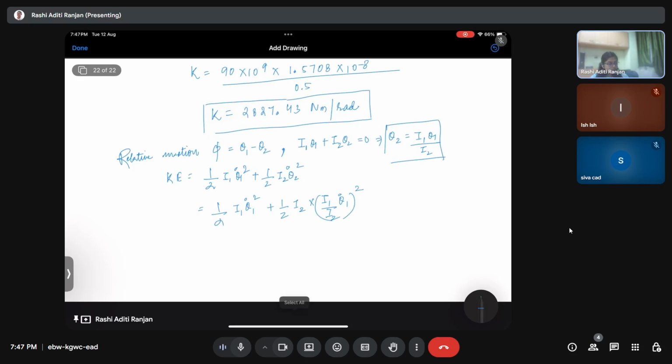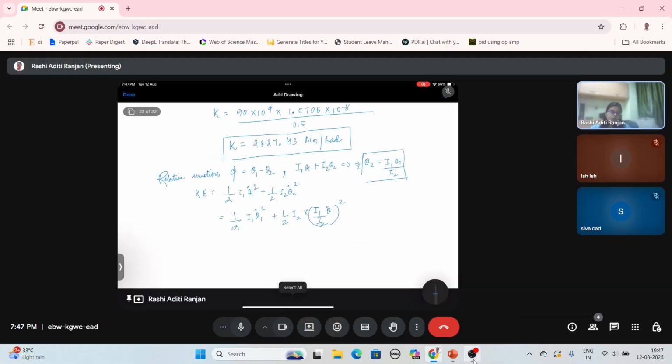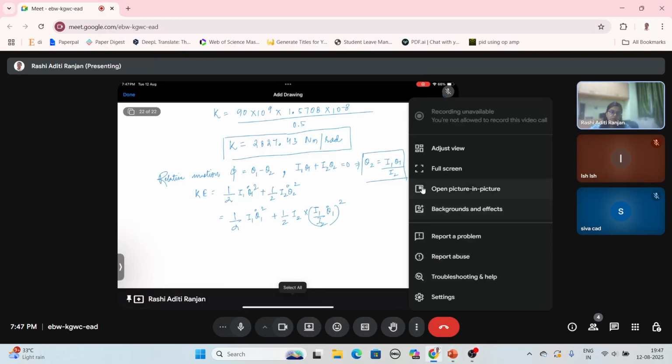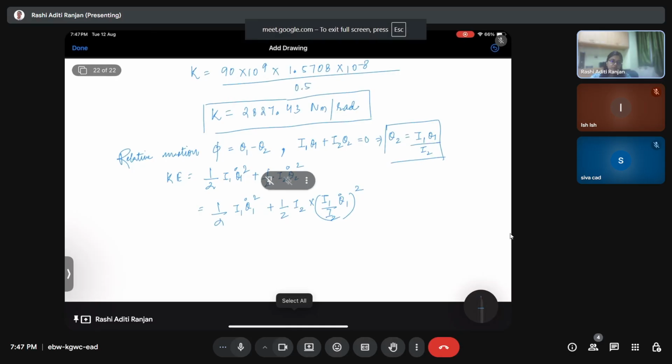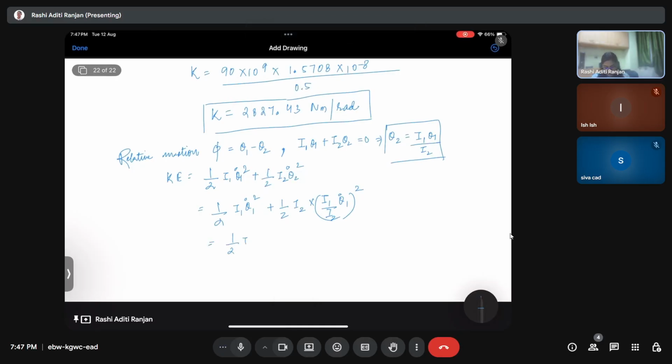So this will turn out to be half I1 theta 1 dot square plus half I2, and one I2 will get cancelled, so we'll have I1 square theta 1 dot square divided by I2.